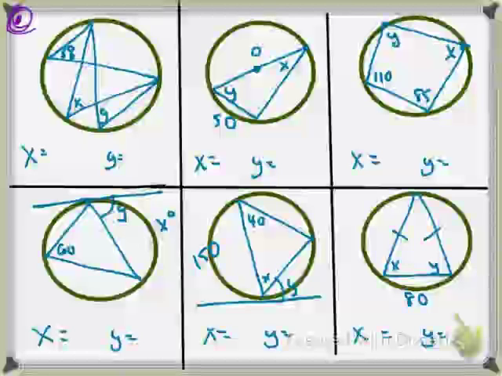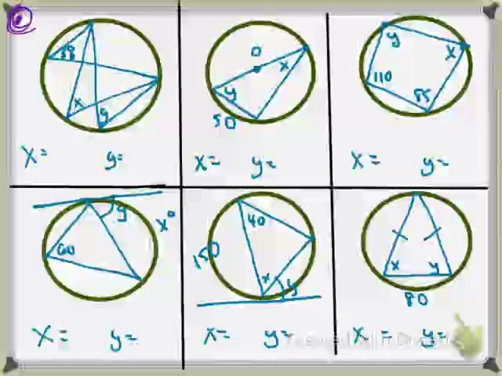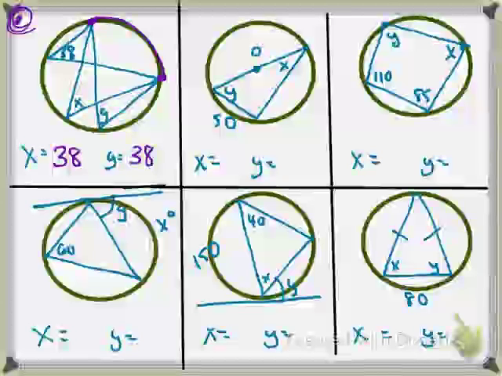In the first one, top left, what do you think about X or Y? 38. Why will they both be 38? All of those angles intercept that same arc. So that first corollary said if two or more angles intercept the same arc, then they will all be the same size.